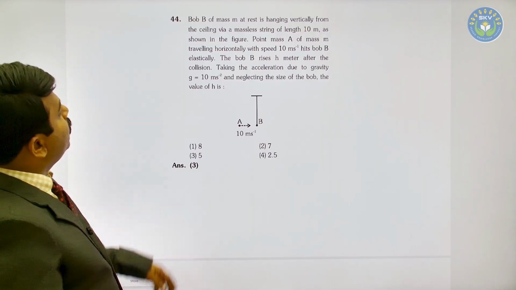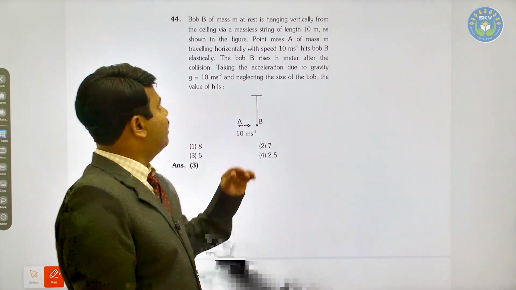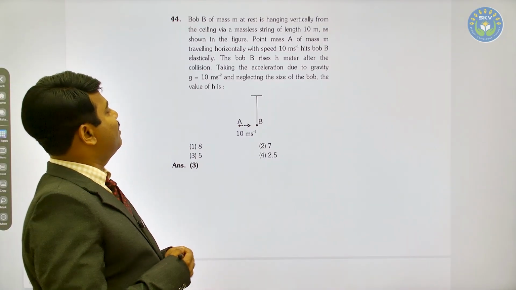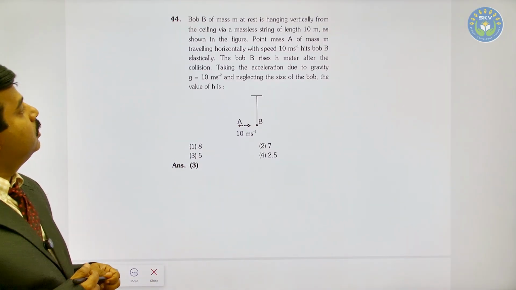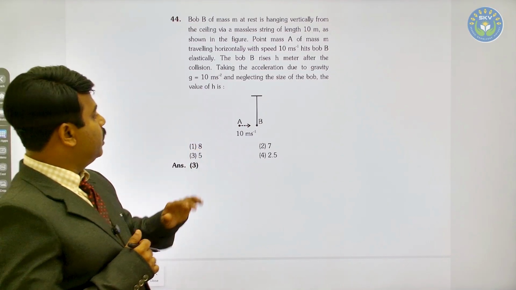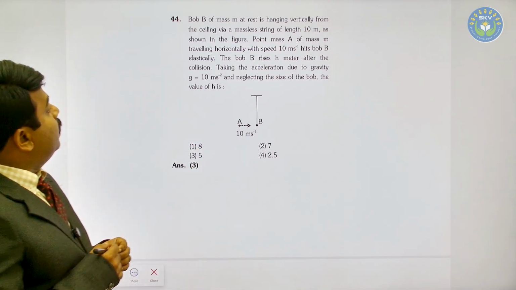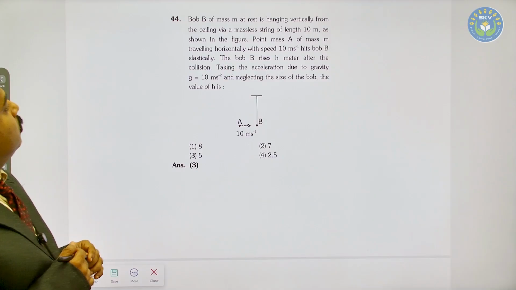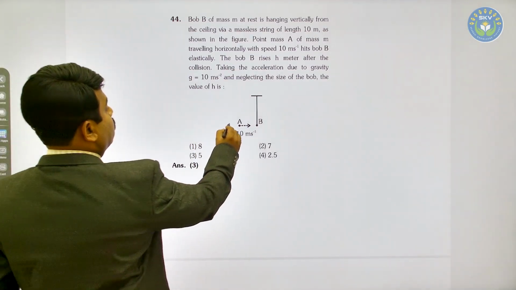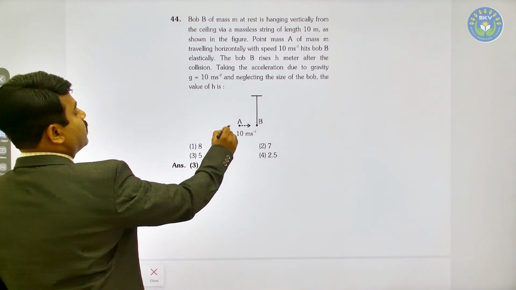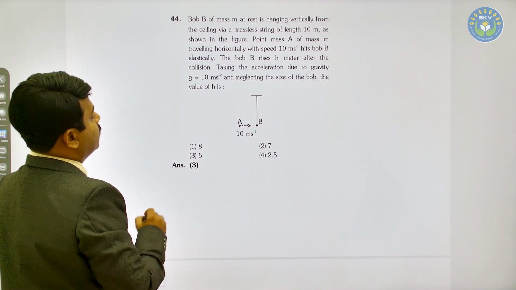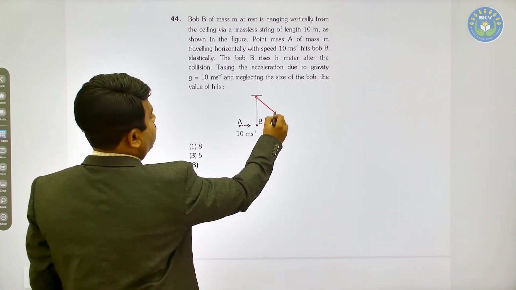A bulb B of mass M at rest is hanging vertically from the ceiling by a massless string of length 10 meter, as shown in the figure. Right? Now a point mass A is traveling horizontally with a speed. After hitting, the bulb B rises to a height h.